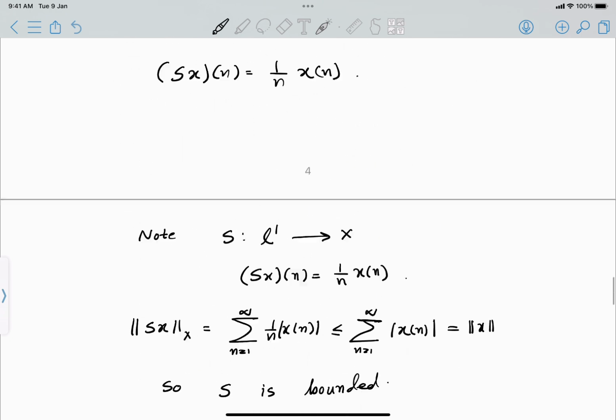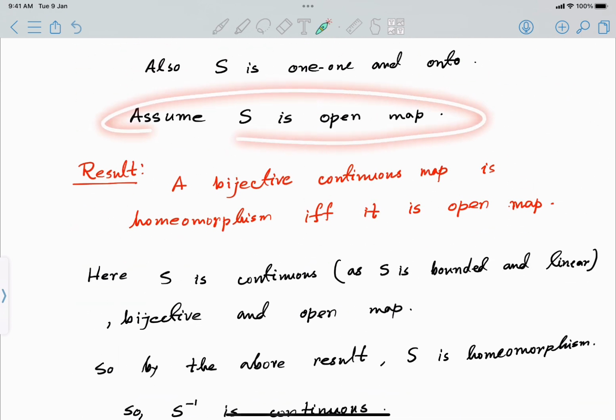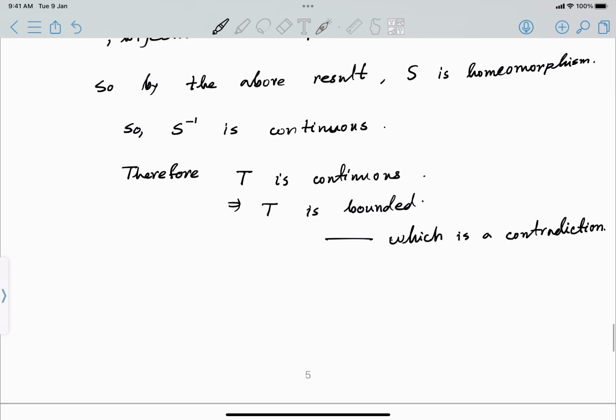So therefore our assumption is wrong. We have assumed that S is an open map, so this is not true. So S is not an open map. S, or T inverse, is not open.